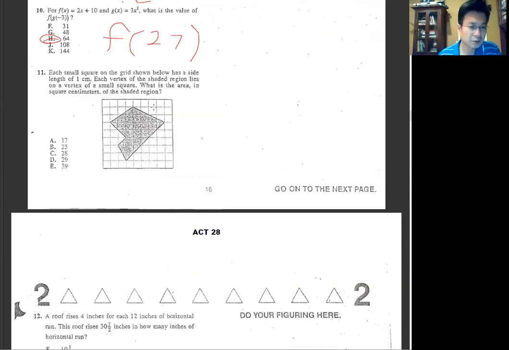What is the area of this figure? We can draw it out and count them one by one, which will be easier.